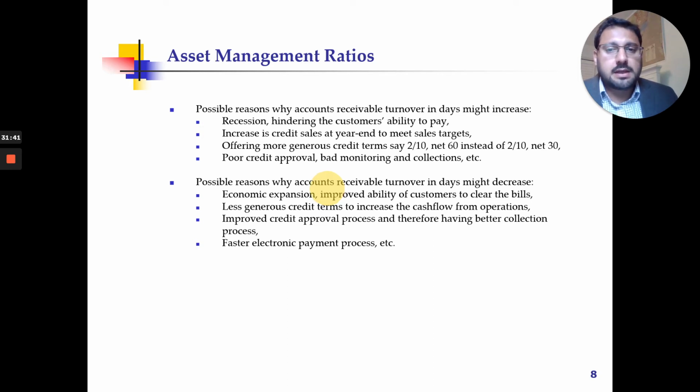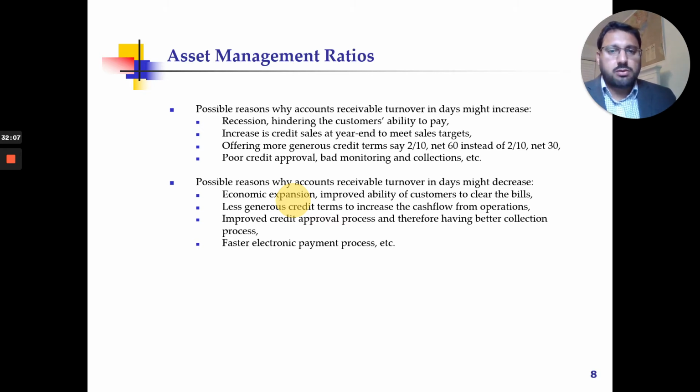Or maybe the company now has less generous credit terms, or they have an improved collection process, or better credit approval process, or faster electronic payment processes. So these could be the reasons because of which the account receivable turnover in days can decrease. And this is what we want.